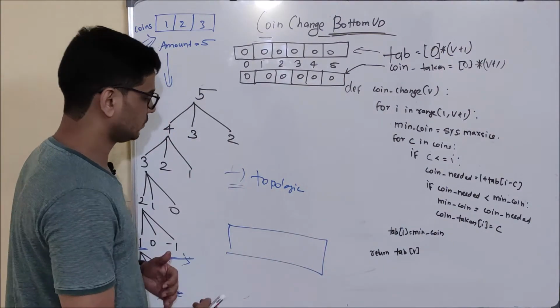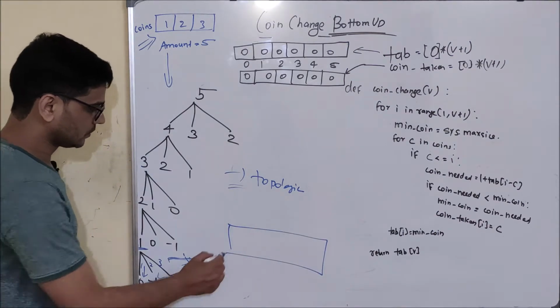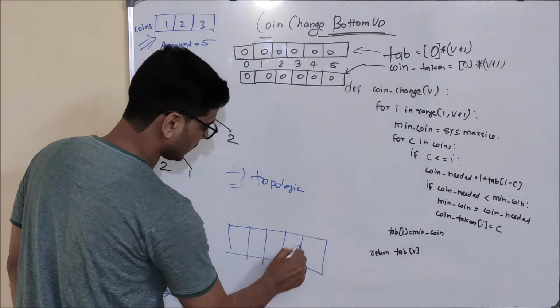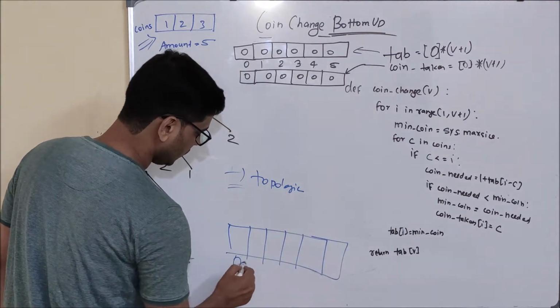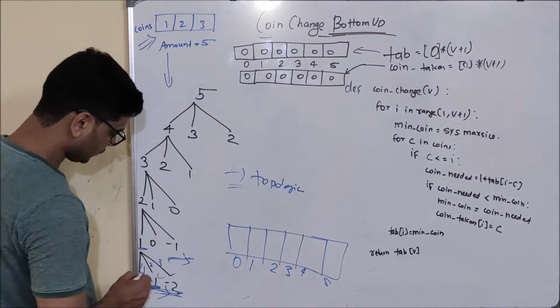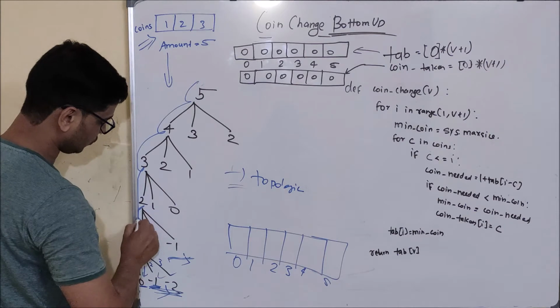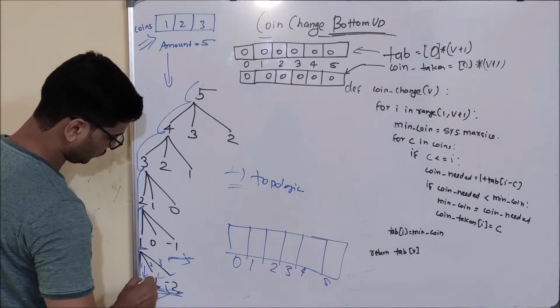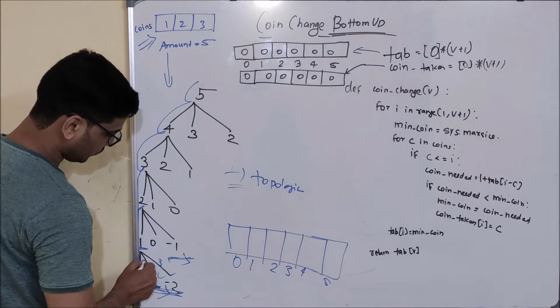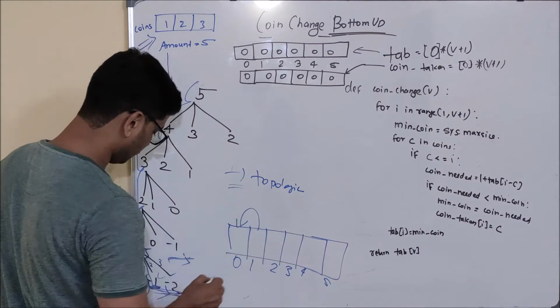Now we are going to do the topological order analysis. So we are ignoring this one. Suppose these are my indexes 0, 1, 2, 3, 4, 5. First of all, 5 is calling 4, 4 is calling 3, 3 is calling 2, 2 is calling 1 and 1 is calling 0. And if you ignore these two, 1 is coming to its answer from 0.